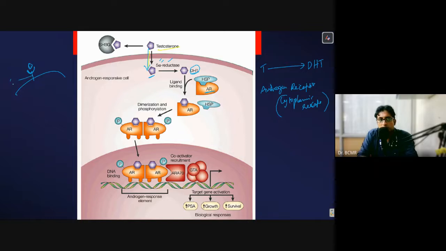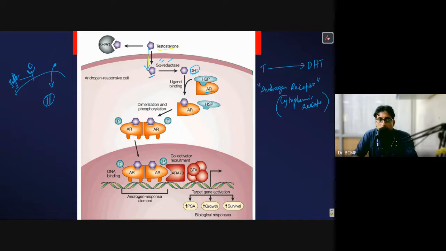This is a cell surface marker, right? Whereas ligands like the steroids and others that can pass through the cell membrane, their receptors are usually in the cytoplasm. You call them cytoplasmic receptors. Here, androgen receptor AR is a cytoplasmic receptor.